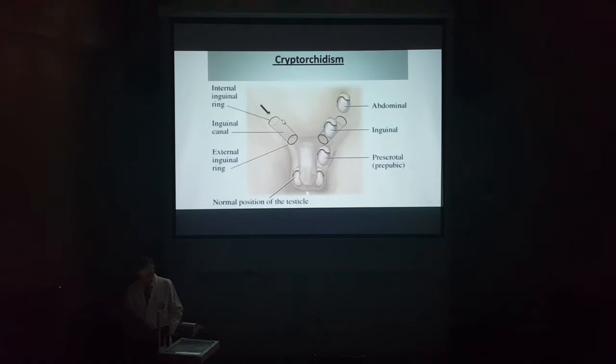The inguinal canal has an internal opening, a canal which is 4 centimeters long, an external opening, and then goes down the scrotum. The canal is only in the anterior abdominal wall.